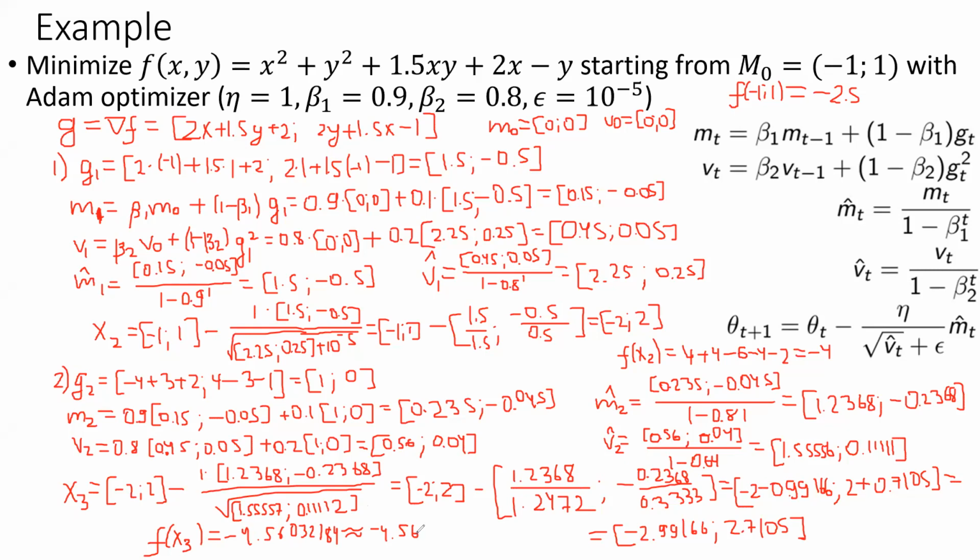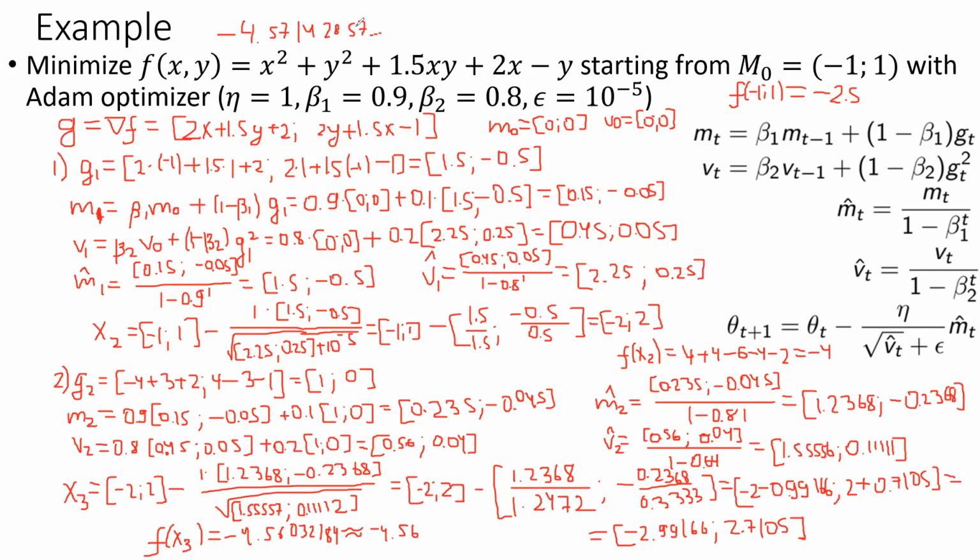But I can tell you that the actual minimum value will be negative 4.57142857, etc. So as you see, the optimal value is not so far from our second iteration. Even though we didn't start with a good number, we reached a very good approximation of our answer even in 2 iterations.